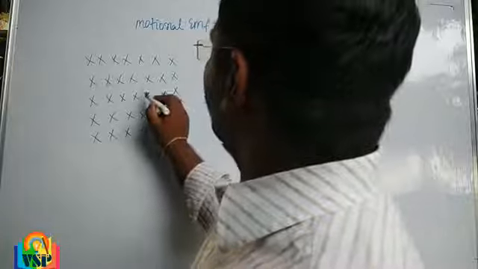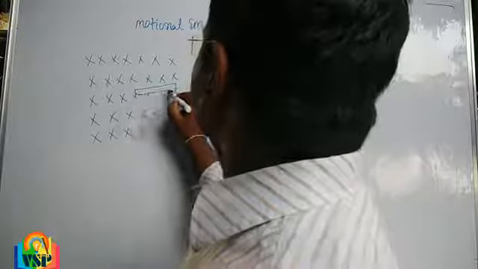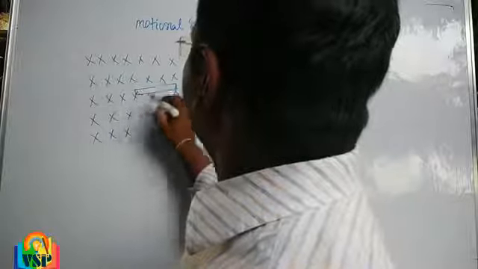In this case we have to take one metallic rod. This metal rod is rotating about its own axis like this.